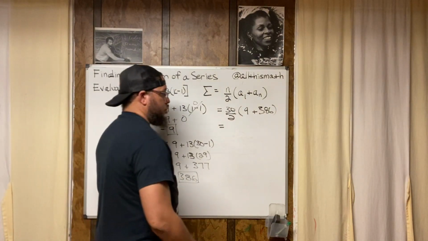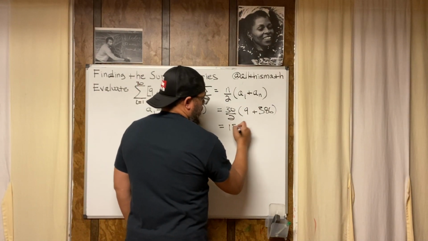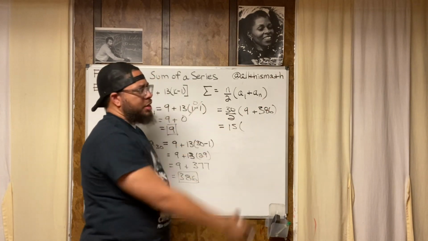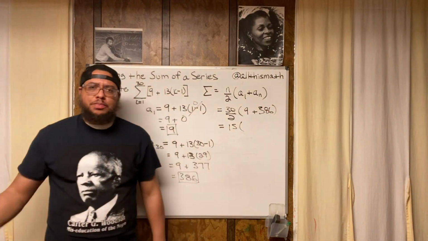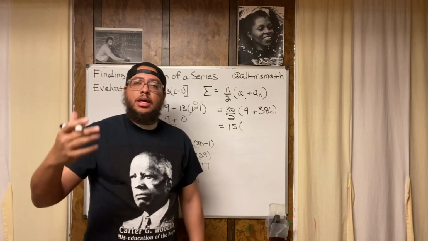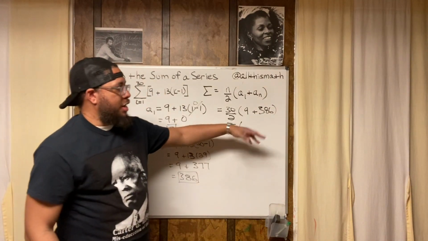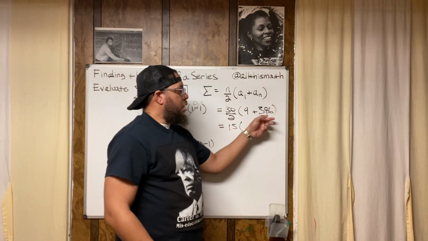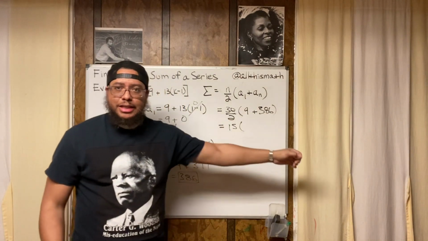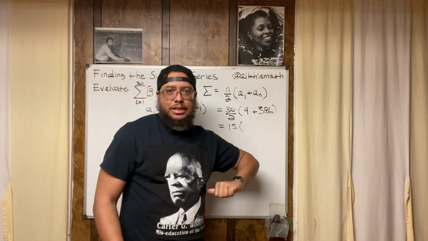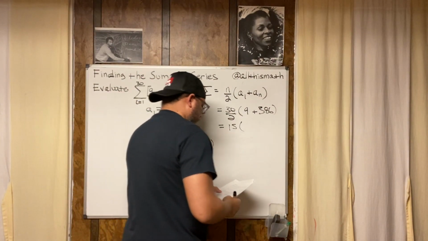So 30 divided by 2 is going to give me 15. Inside the parentheses, now I'm doing 386 plus 9, or 9 plus 386, but addition is commutative, so the order doesn't matter, right? So 386 plus 9, I'm going to do the same trick. I'm going to treat this like a 10. 386 plus 10 is 396. Then I'm going to subtract 1 from 396, and I'm going to get 395, right?